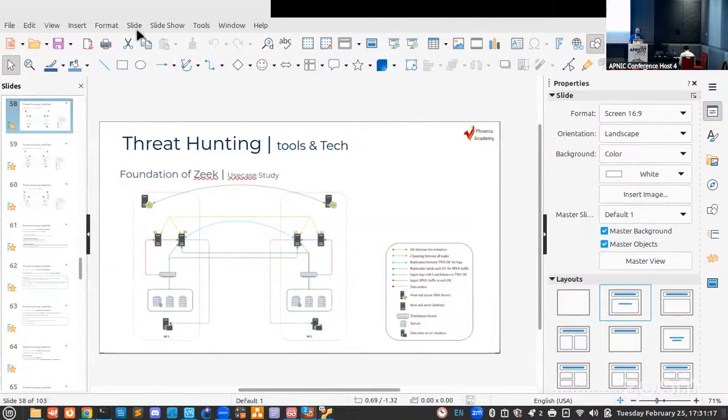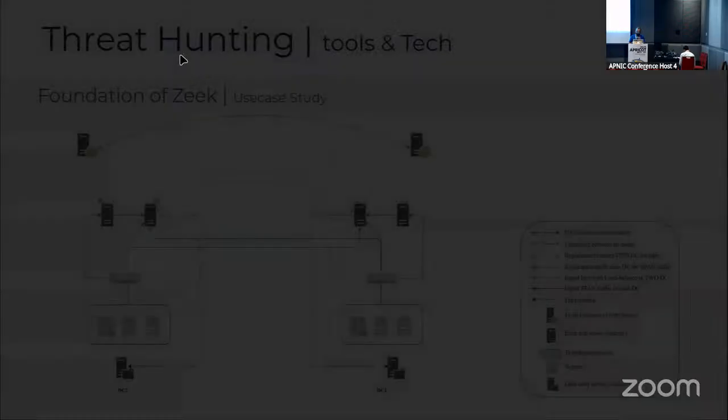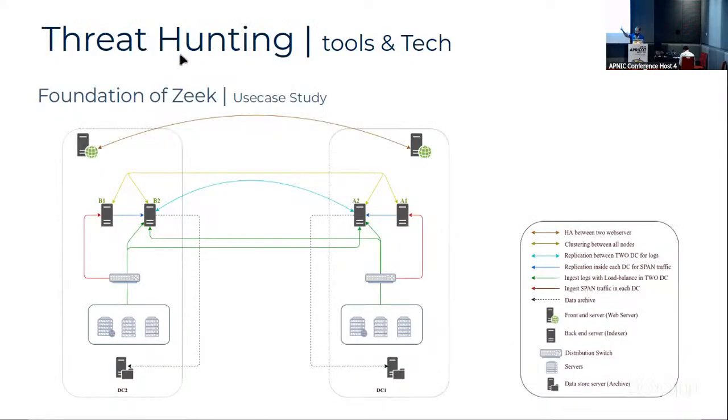So this is a very interesting question. This was the initial network diagram that I established for them, to make sure that from every segment of their layered network, I get all the NetFlow and all the logs.